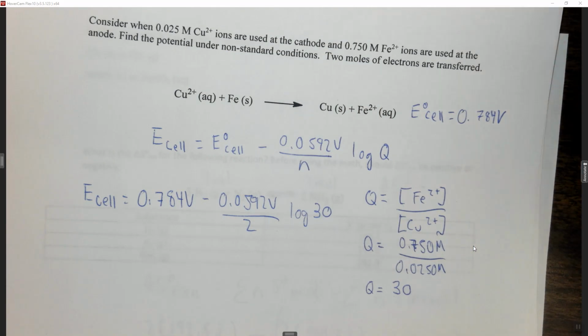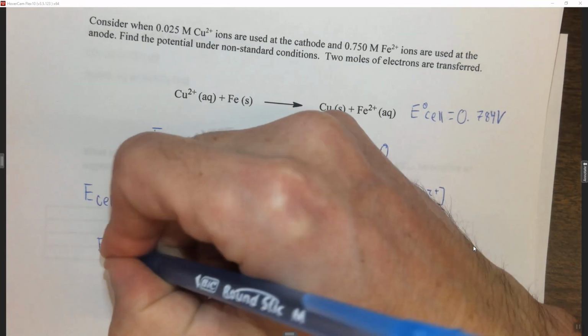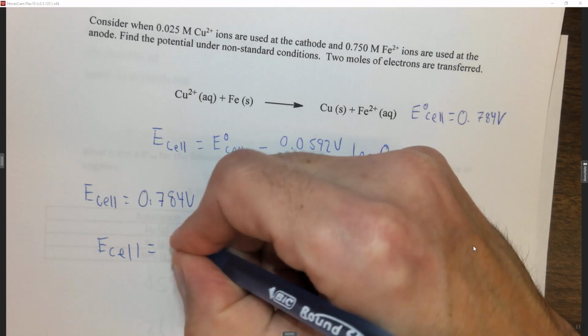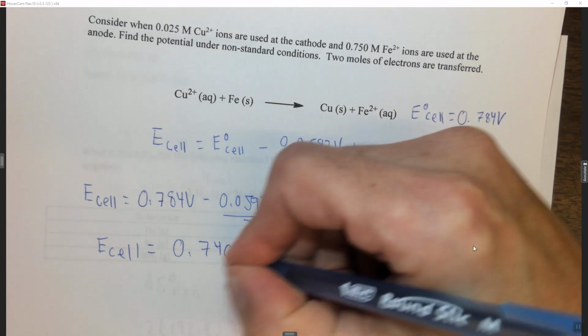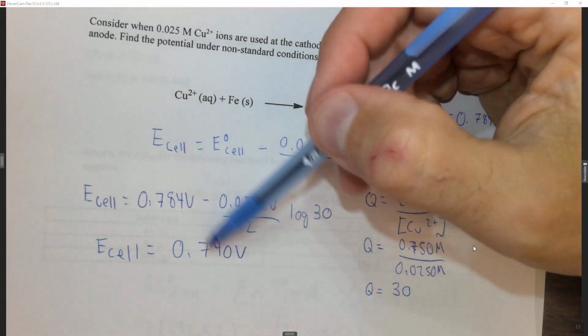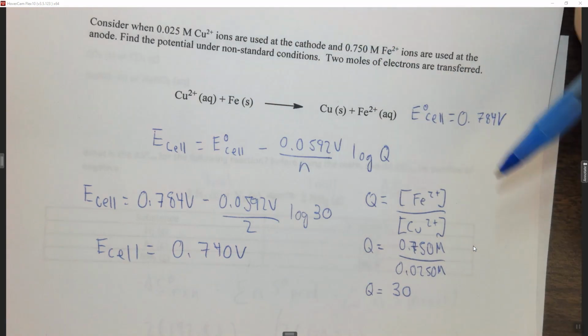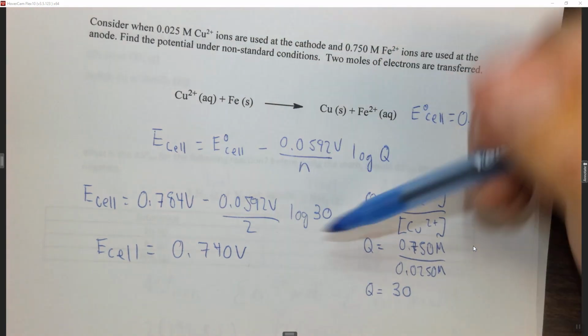And when you do that, E cell comes out to be 0.740 volts.